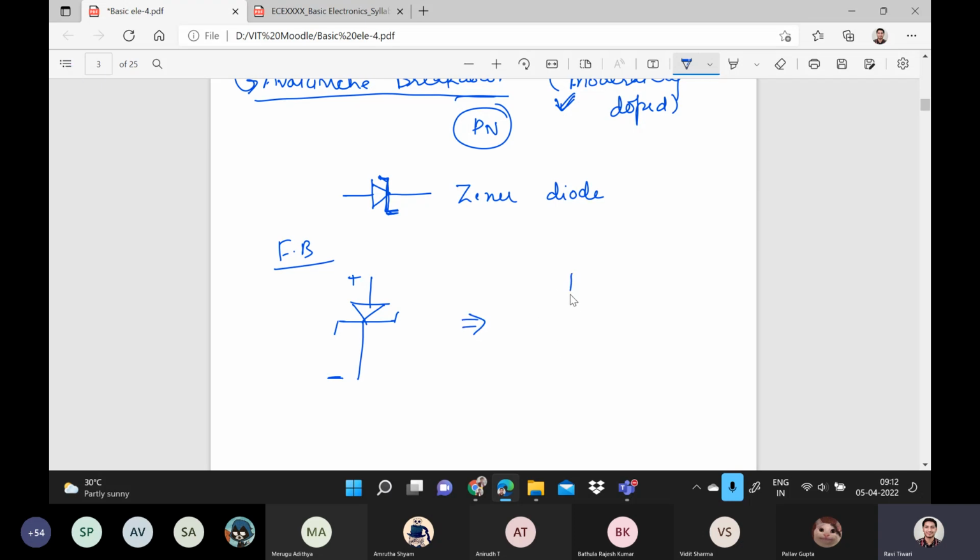So you can represent it with a cut-in voltage V gamma. And the Zener diode will always be manufactured with silicon. Always. We cannot use germanium. We generally use silicon to manufacture the Zener diode. So the cut-in voltage will always be 0.7.